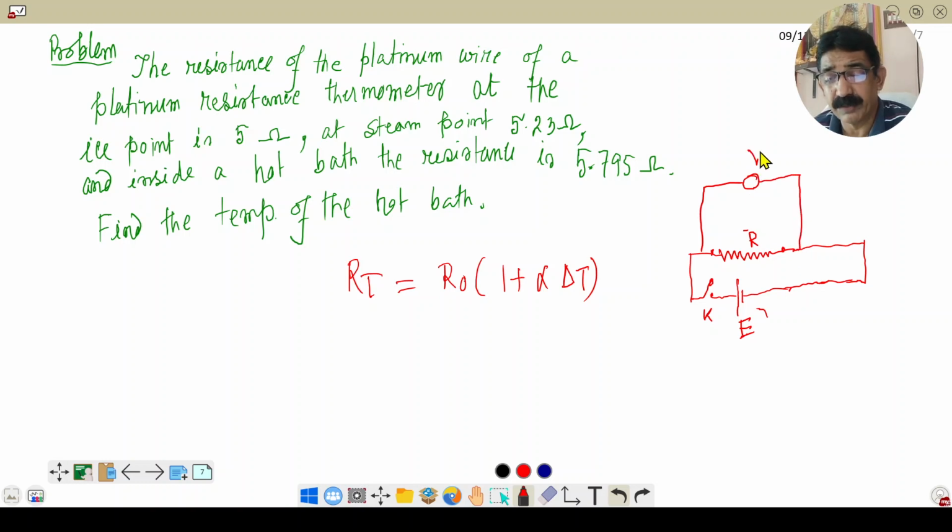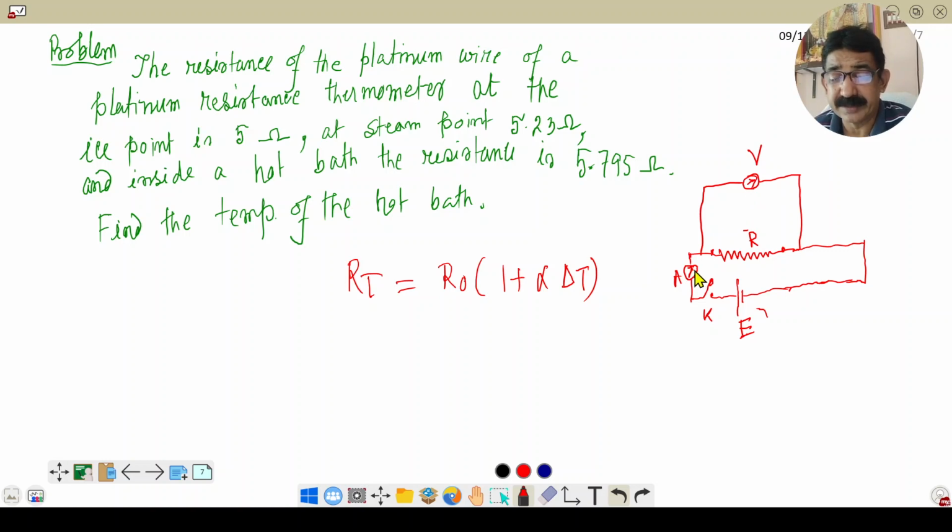It will measure the voltage developed between two terminals of the platinum wire, and another device known as an ammeter is connected here to measure the current.